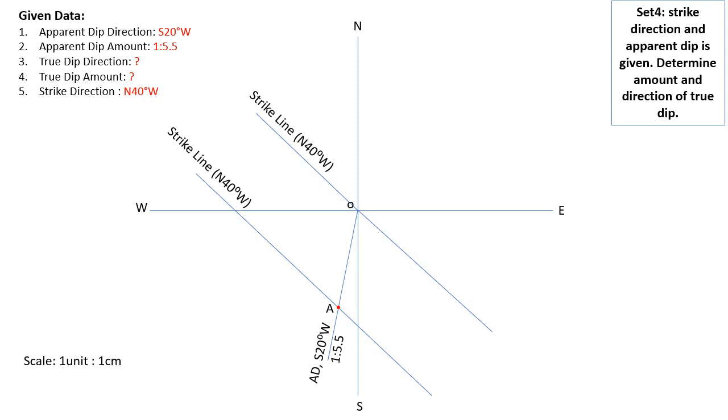So here you have to draw a parallel line from point A. This is very important. You have to remember how to draw the strike line. So here transfer this strike line from point A. You draw a parallel line from point A. Then can you draw now what is true depth? It is perpendicular to strike passing from point O. So you can use the set square to solve this.